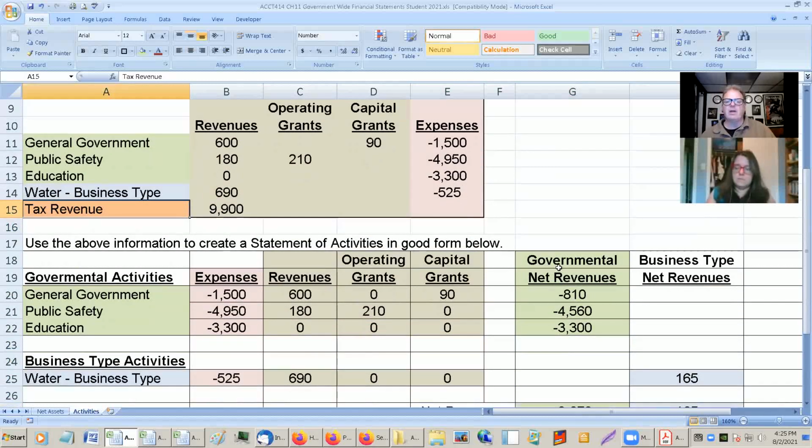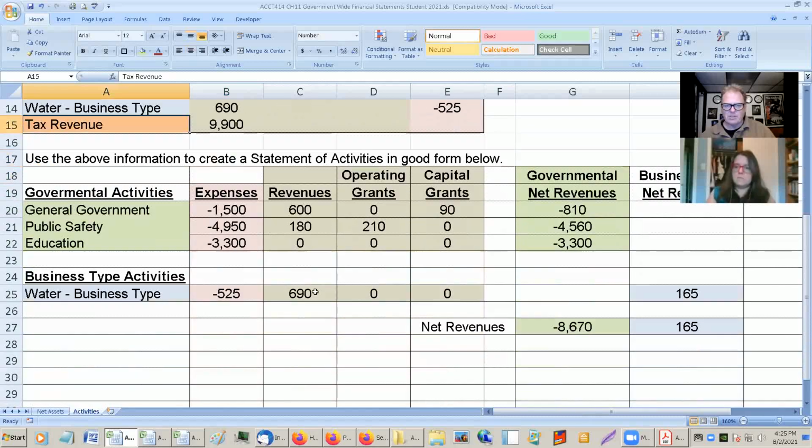All right, now the last thing we're going to do here is the tax revenue, and that is basically to bail out the governmental. Usually, the business types are not bailed out by the tax revenue. And again, the great thing about tax revenue is that you can use it for anything.